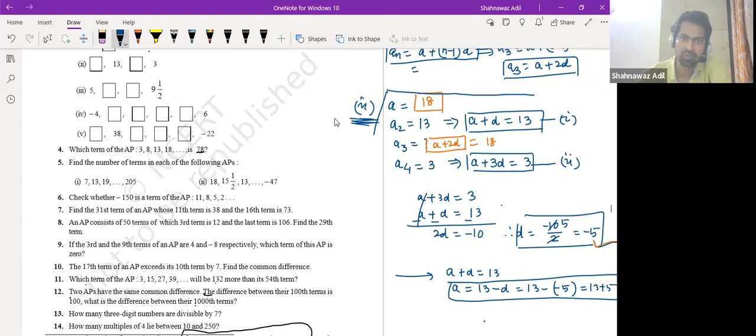One second. Let me just check. Was the answer 18 and 18? Why is this also 18? So D is negative, right?